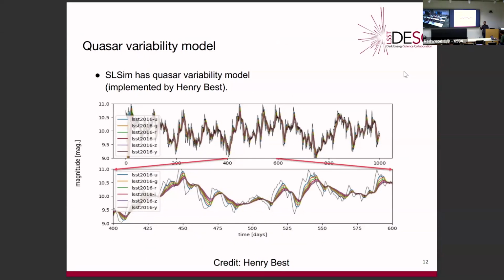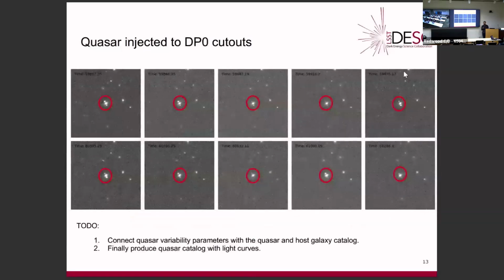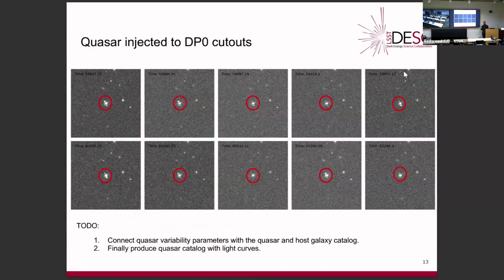Once you have a light curve of the quasar, you can simulate time series images. And similarly, as I mentioned in the supernova case, you can create time series cutouts from the DP0 data, and then you can inject those time series lensed quasar images into the DP0 time series cutouts.